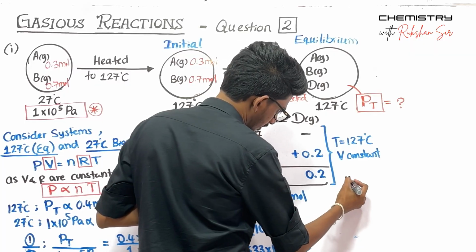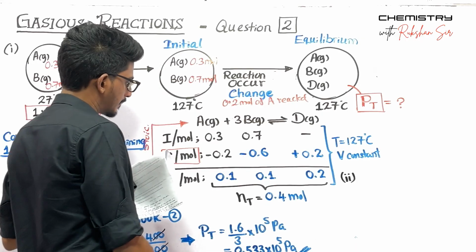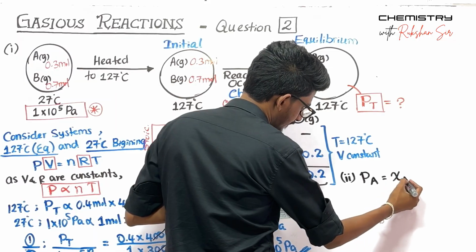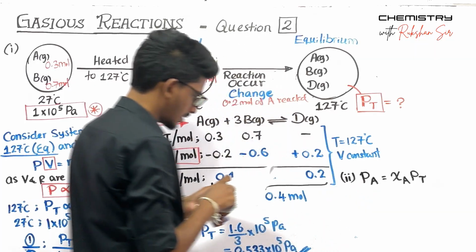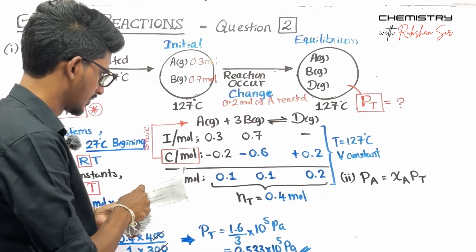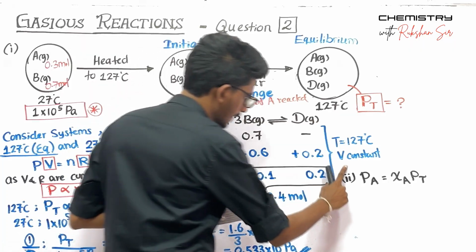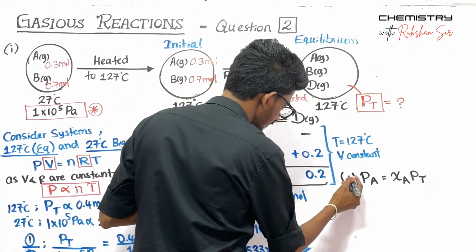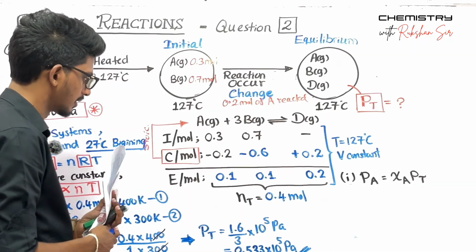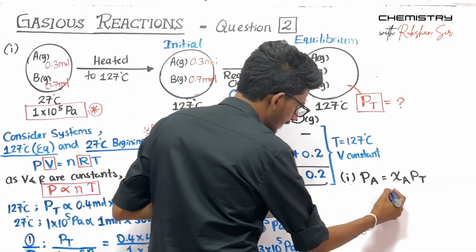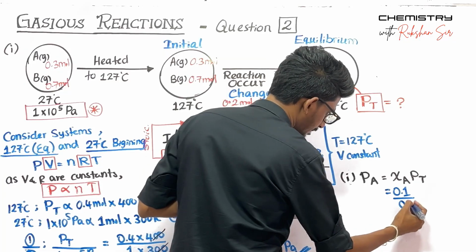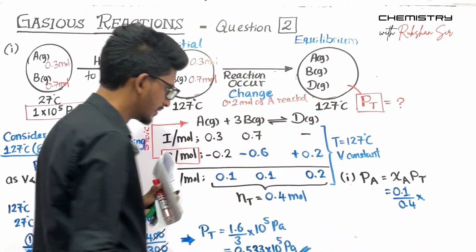Okay, so number 2, the partial pressure of A is equal to XA P total, right? XA is going to be the number of moles of A divided by the total number of moles. The number of moles of A is 0.1 divided by the total number of moles, that is 0.4, into P total.